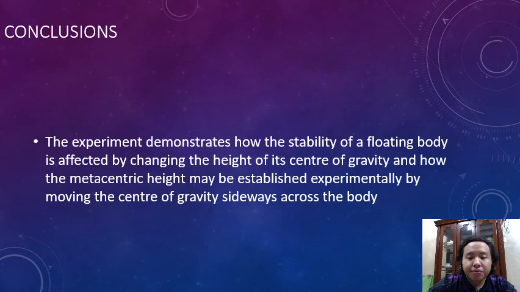The value established in this way agrees satisfactorily with that given by the analytic result BM equal to I over V. I think that's all from me for this experiment. So thank you and Assalamualaikum.